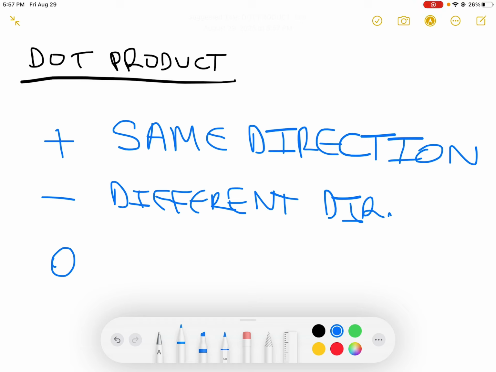If that's the case, then they are going to have to be exactly perpendicular to each other. That's what that symbol means, in case you didn't know. So you could also get a dot product of 0. That's going to mean they're perpendicular because they aren't doing the same thing or different. It's exactly in between. So that means there's nothing in common that they have.